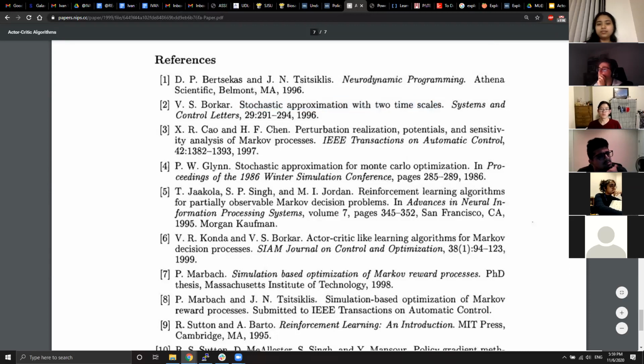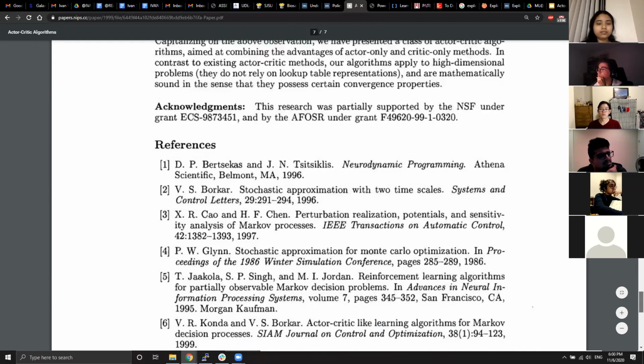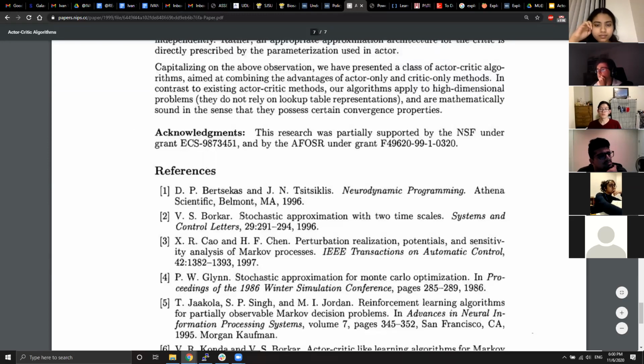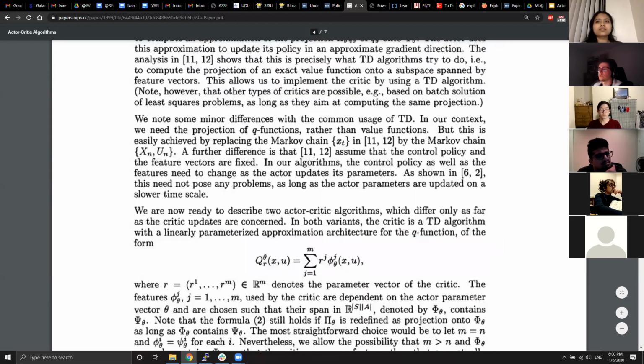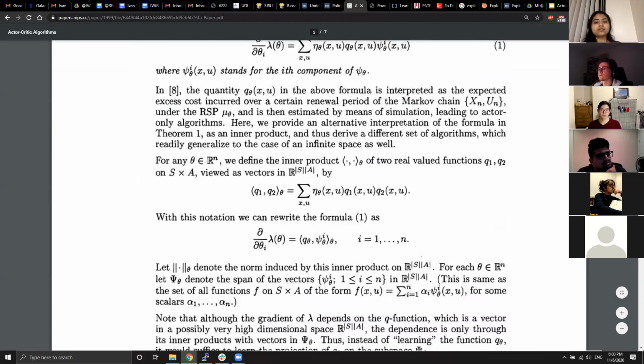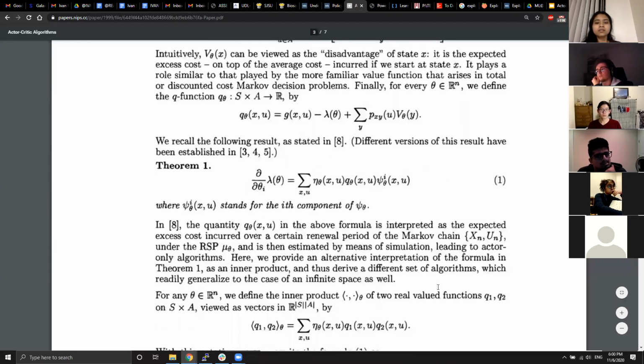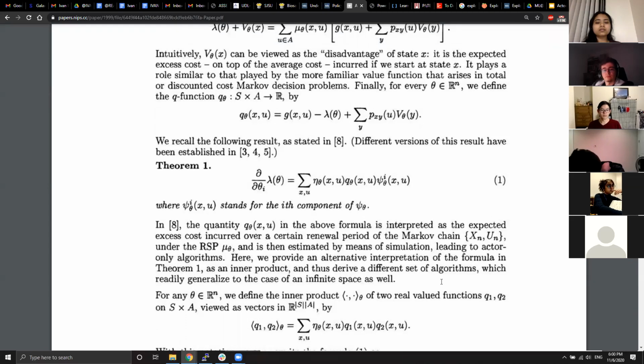Well, then I'll just assume that the reason is that there is some potential problem if the actor updates too fast, or conversely, the critic is updating too slow. Maybe it can't catch up efficiently. I'm not sure. Well, maybe it has to do with the fact that they only care about the projection.